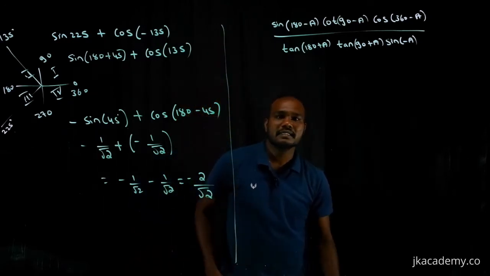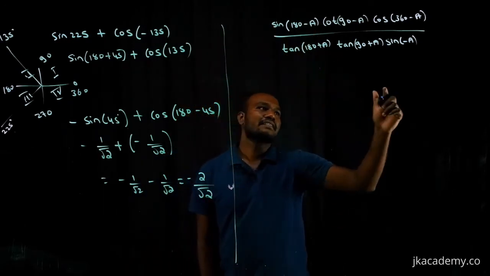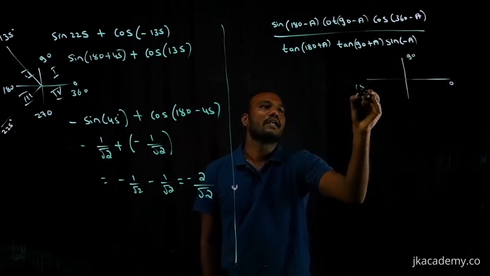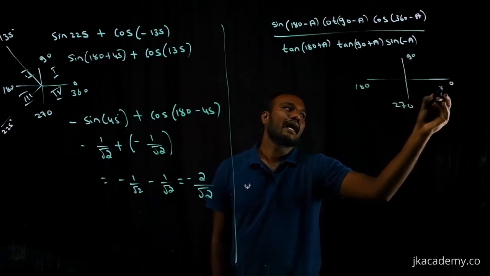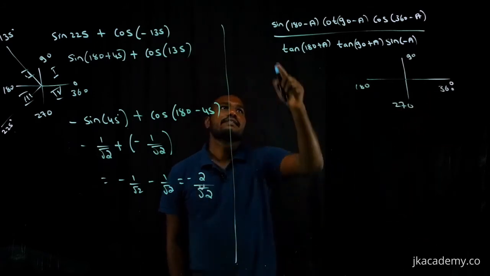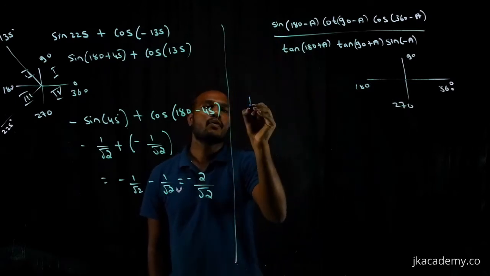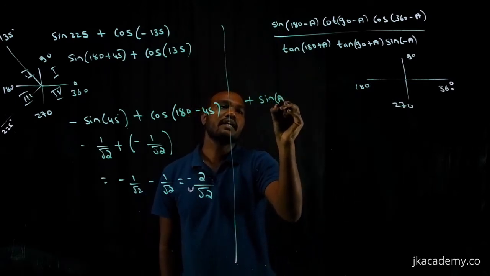What is asked? Let's take the quadrants: 0, 90, 180, 270 and 360. Sine of 180 minus a: 180 minus is the second quadrant, so sine will be positive, so sine of a will remain as it is.